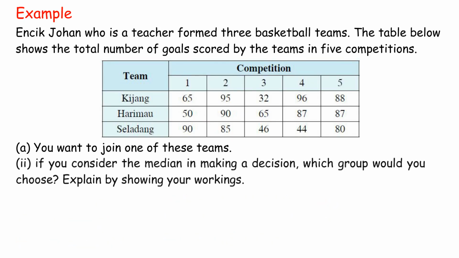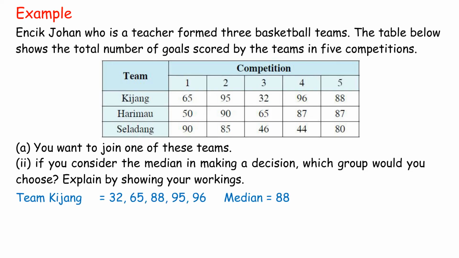2. If you consider the median in making a decision, which group would you choose? Explain by showing your workings. Team Kijang equals 32, 65, 88, 95, 96, median equals 88.